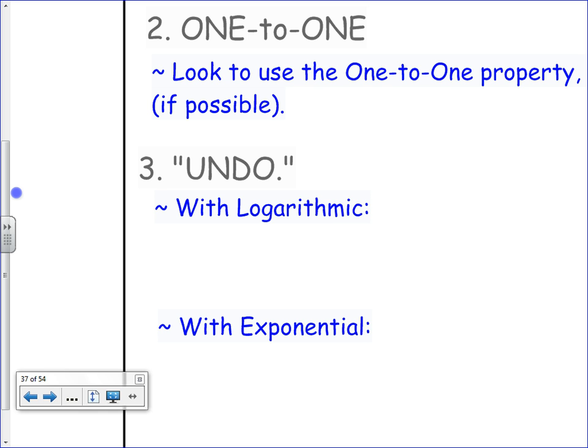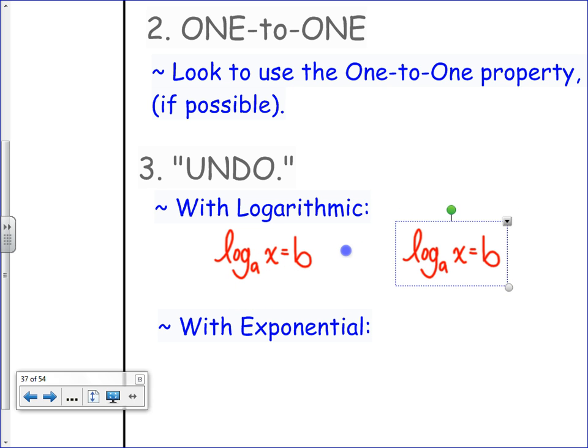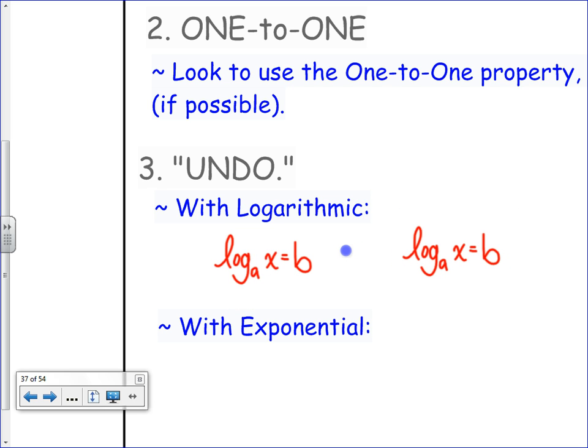If I had a logarithmic expression like log base A of x equals b, I'm actually going to do this two different ways, because there are truly two different ways to undo this. One way is to think of our inverse property and say, I can take the inverse operation of log base A by saying, do you guys remember?